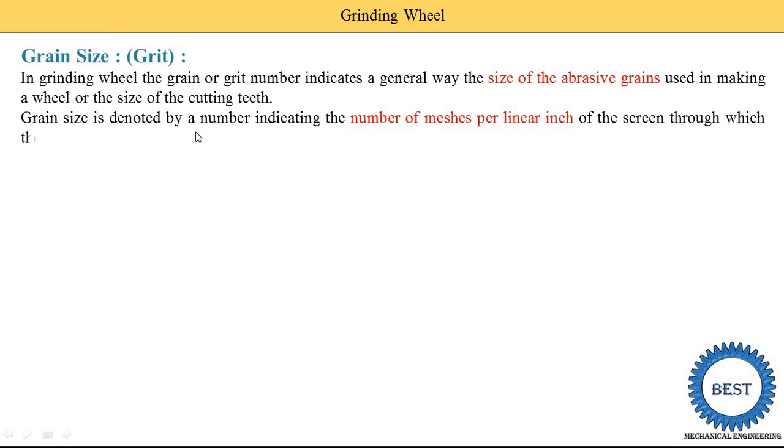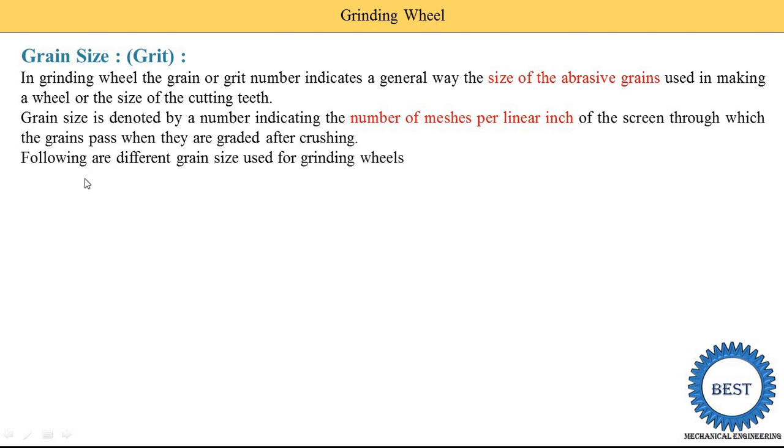Grain size is denoted by a number indicating the number of meshes per linear inch, meaning how many abrasive particles there are in a linear inch of the screen through which the grains pass when they are graded after crushing. Following are the different grain sizes used for grinding wheels. Coarse grinding wheels have grain sizes 10, 12, 14, 16, 20, 24.